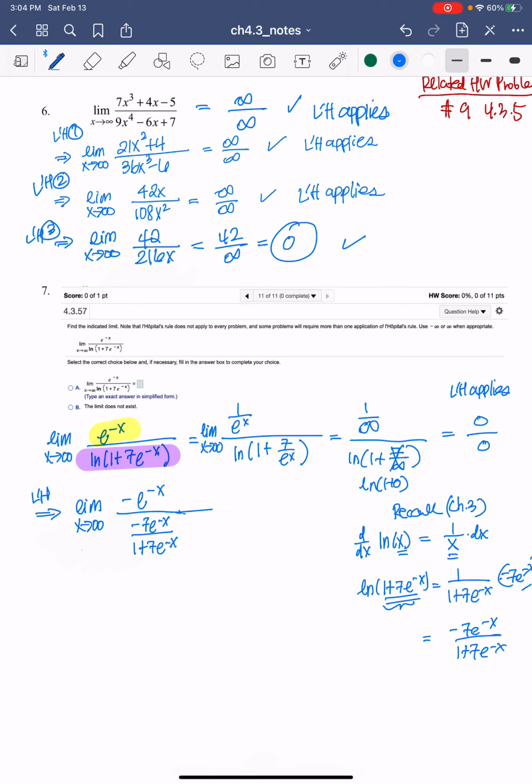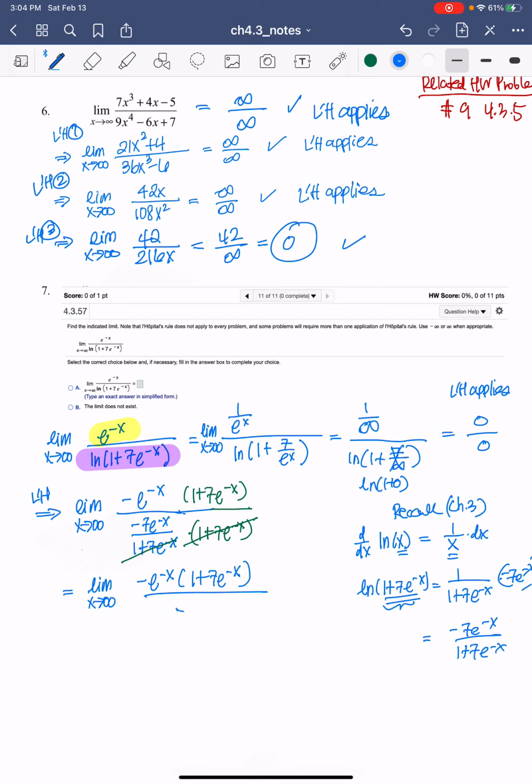All right, so my bottom one will be negative 7e to the negative x over 1 plus 7e to the negative x. I'm going to do a little bit of rewriting to make it simple. I'm going to multiply the bottom by 1 plus 7e to the negative x, and if I multiply one side, I have to do the same thing on the top. This is nice because the bottom one cancels out. On the numerator, I'm going to end up with the limit as x approaches infinity of negative e to the negative x times 1 plus 7e to the negative x.